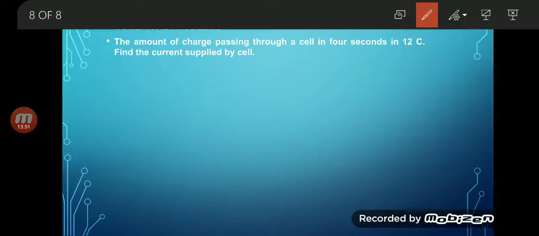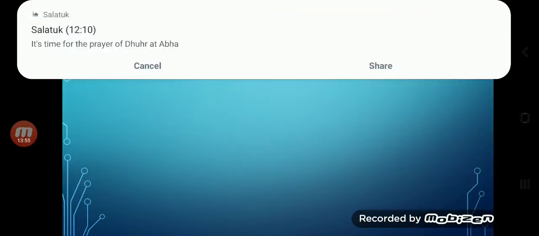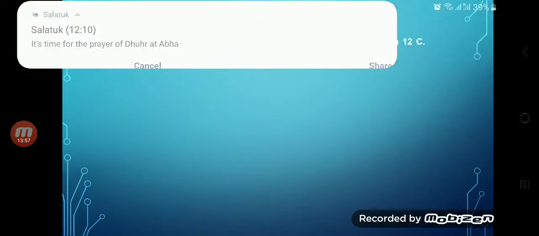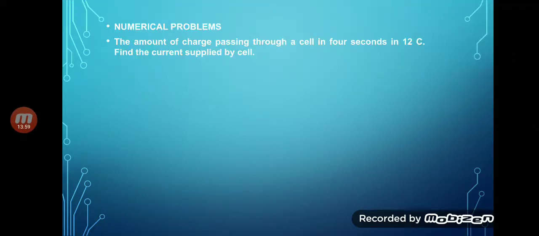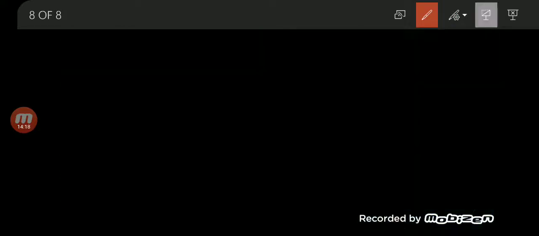Now look, the amount of charge passing through a cell in 4 seconds is 12 coulomb. Find the current supplied by the cell. Just know what you have to find. You have to find current. So what is the formula for current?